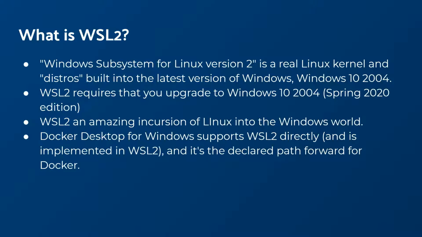It's an astonishing thing that Microsoft has brought Linux full-blown into the Windows world. And it's a wonderful thing that Docker Desktop for Windows does support WSL2 directly, and it's actually implemented in WSL2. And Docker said that's their path forward on Windows.